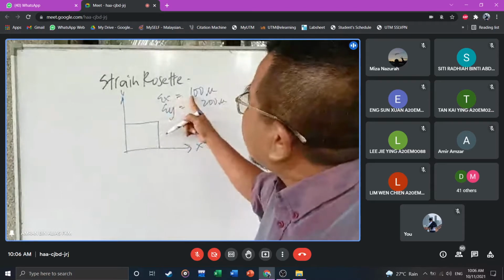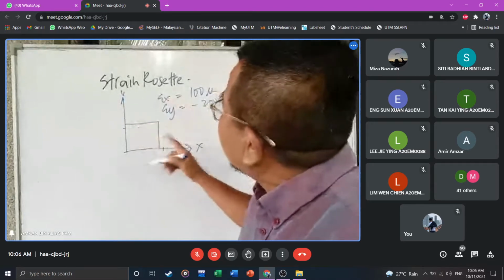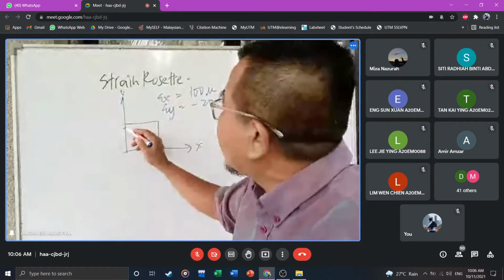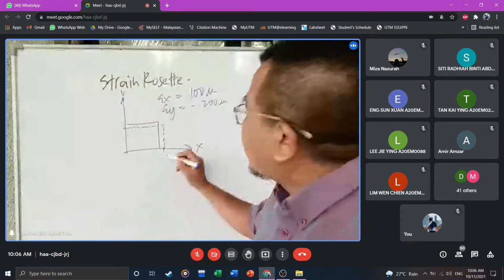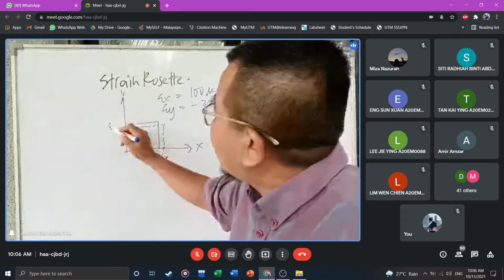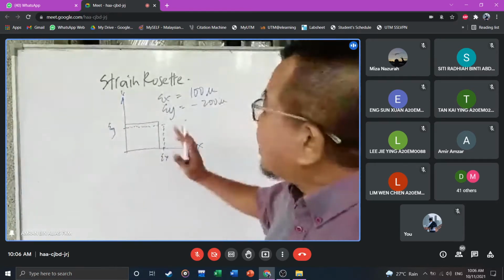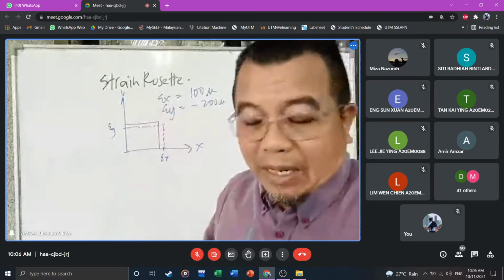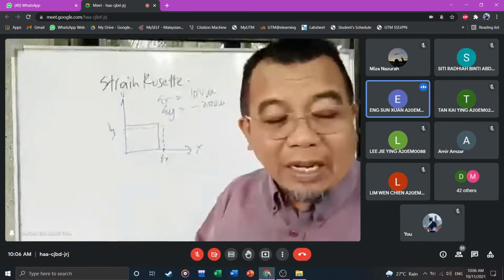The final shape is that one becomes bigger and that one becomes smaller. When there's no gamma, that means gamma is 0, so the new shape will be like that. That is epsilon X, that is epsilon Y. Become smaller, become bigger. Basic understanding in X and Y direction. Okay, clear, guys? Clear.